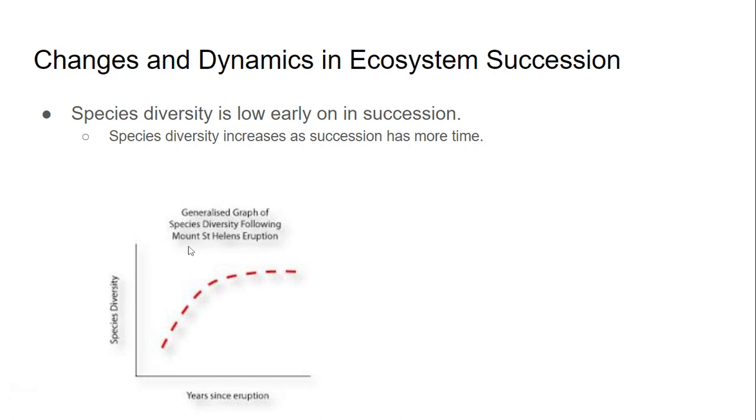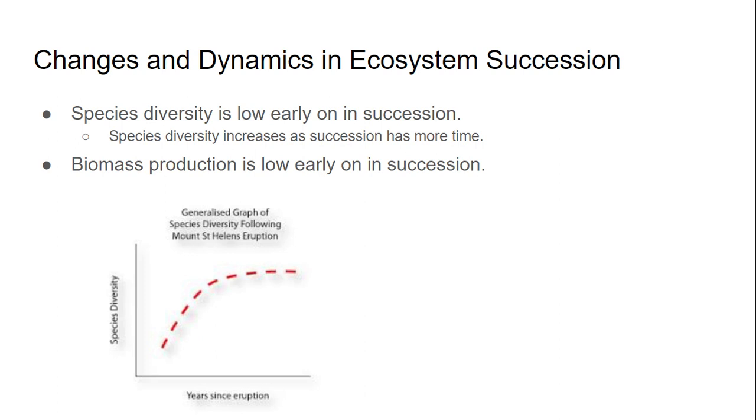In this case, we're looking at when Mount St. Helens erupted, which is a volcano. So the species diversity is very low right afterwards. But as time, which is this x-axis, goes on, the species diversity is going to start to increase because that soil is increasing, leading to a greater number of species that can actually live there due to plants being present as well.